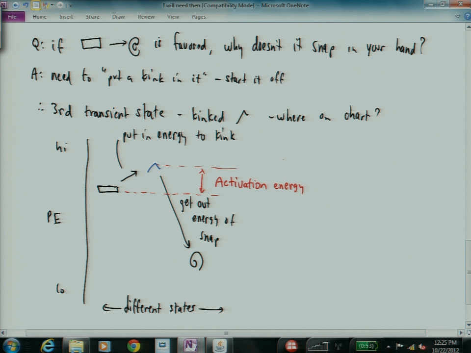This is required to overcome a reaction barrier. Okay? And it turns out this guy controls the rate. So saying activation energy is a really key term. That's a really important thing.